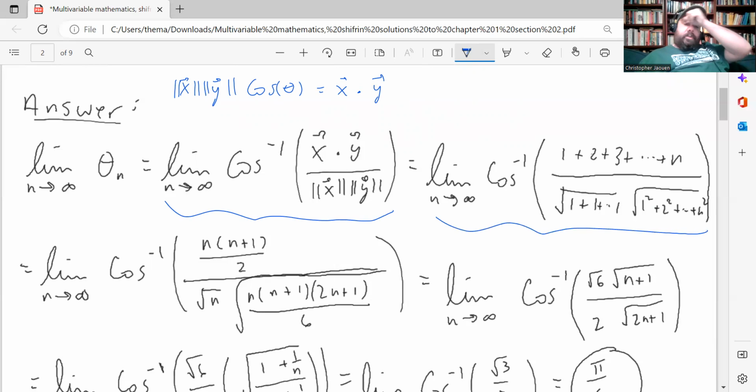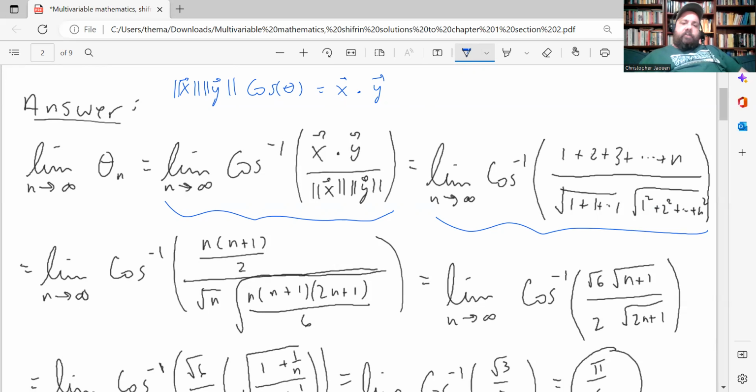Inside the arc cosine, 1 times 1 plus 1 times 2 plus 1 times 3 and so on gives you the sum of the first n integers in the numerator. The length of x is the square root of the sum of 1 with itself n times. The length of y will be the square root of the sum of the first n squares of integers.